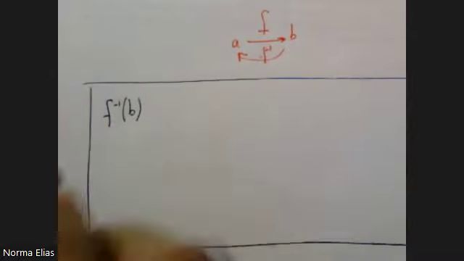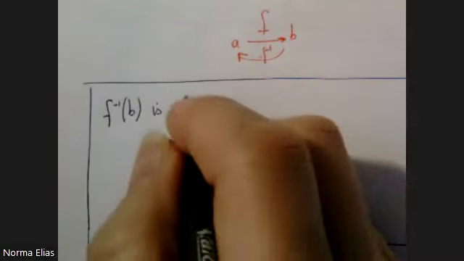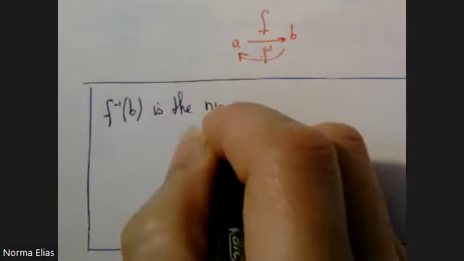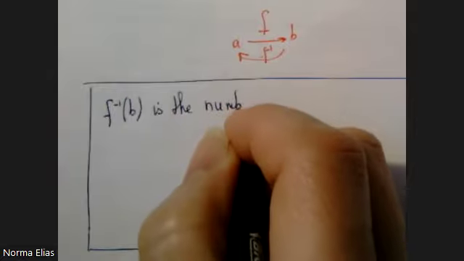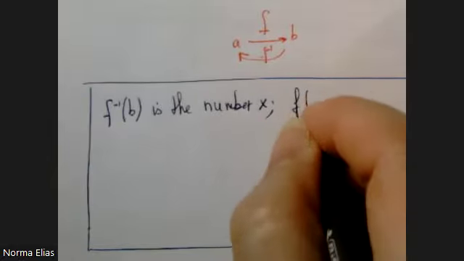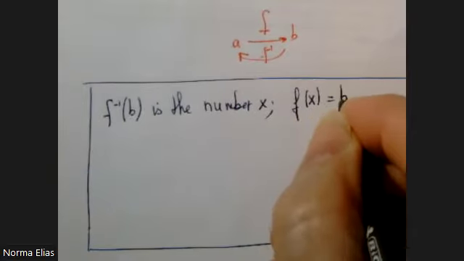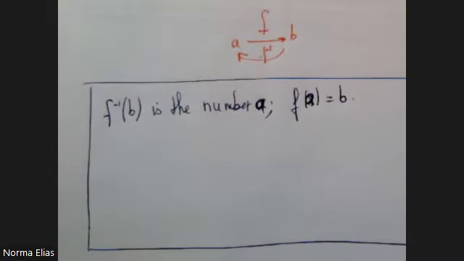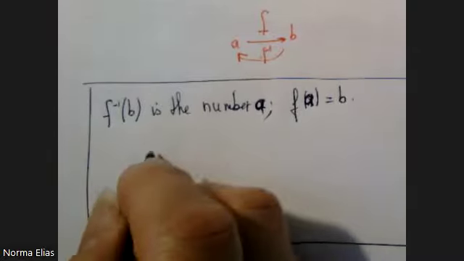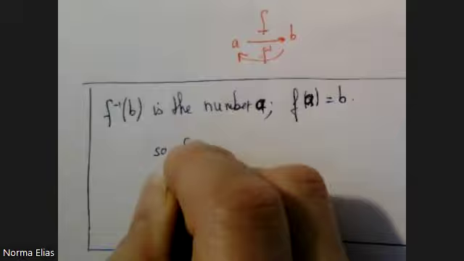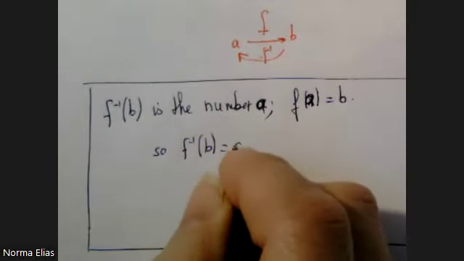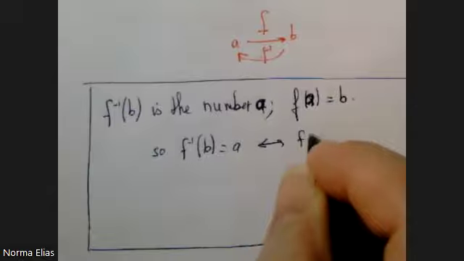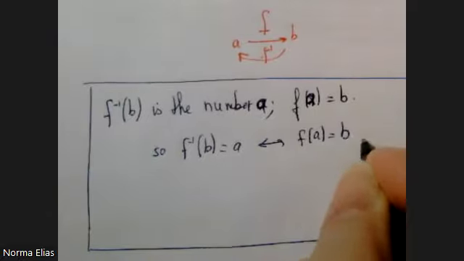F inverse of b is the number x such that f of x equals b. Or if you want, it's the number a such that f of a equals b. So f inverse of b equals a means that f takes a to b.